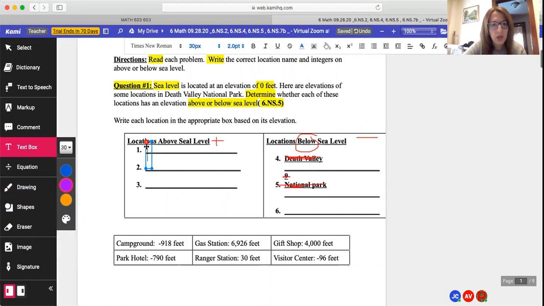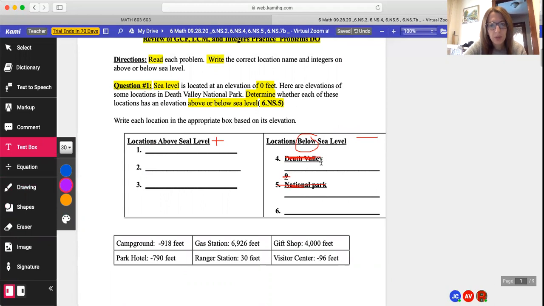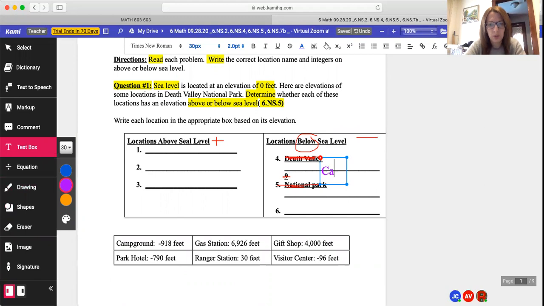So first off, campground. Campground is at negative. Therefore, we're going to write on the chart box here. So we're going to try this again because I'm not liking that. Okay. So we're going to write campground, and we're going to write colon negative 918 feet.